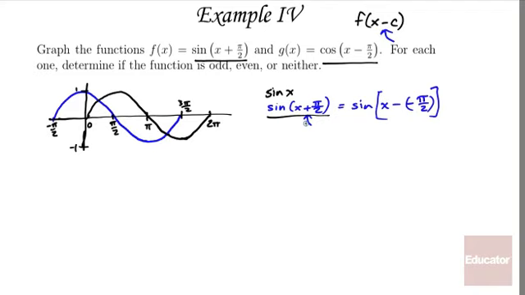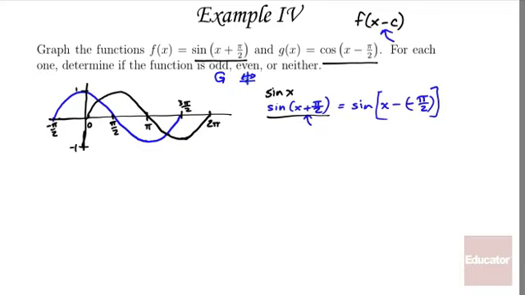And then the question is, is that odd or even or neither? Well, remember, there's a graphic way to look at the graph of a function and determine whether it's odd or even or neither. An odd function has rotational symmetry. An even function has mirror symmetry across the y-axis.